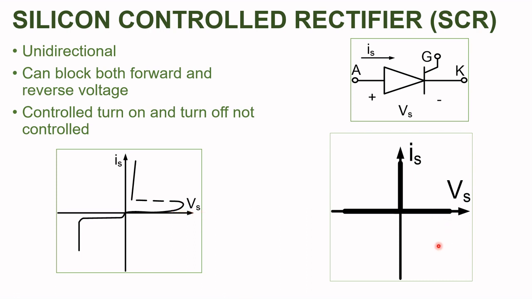This figure indicates the capabilities of SCR. SCR can block forward voltage, SCR can also block reverse voltage. SCR can carry current in the forward direction, but SCR cannot carry current in the reverse direction. These values are limited up to the rating of that particular SCR.